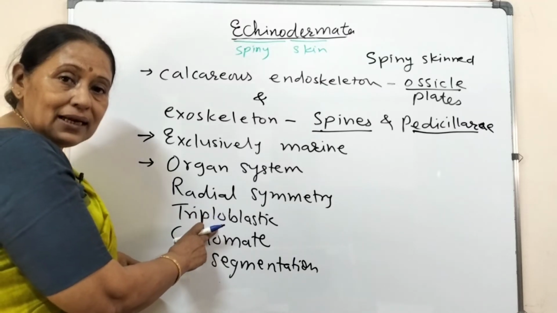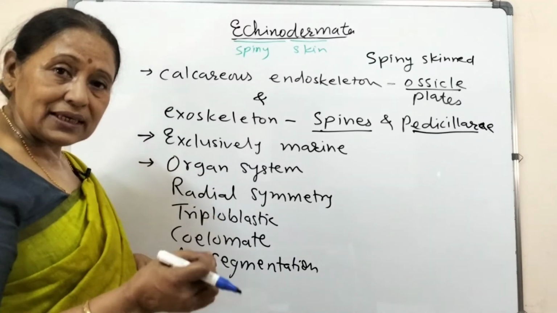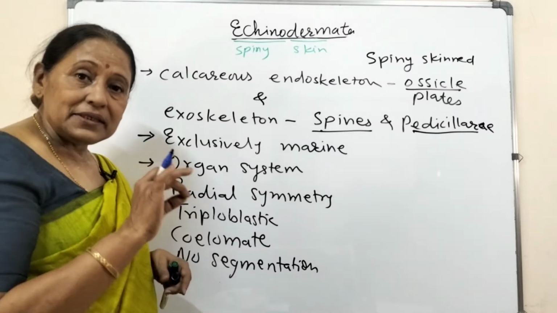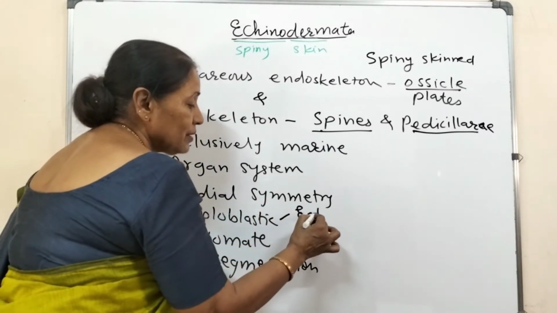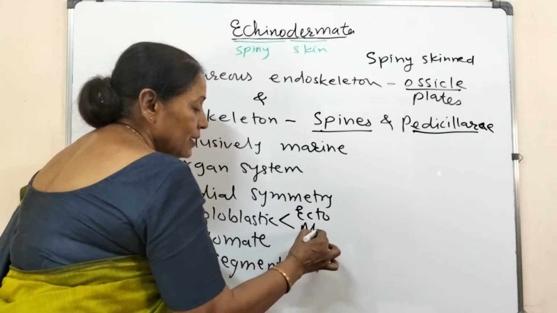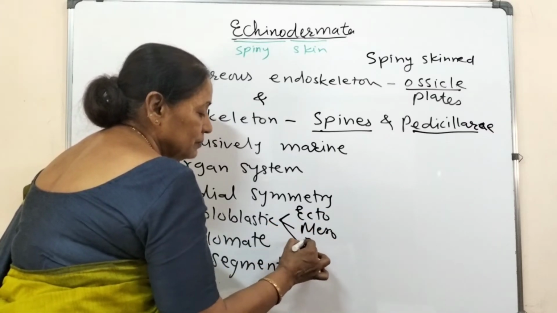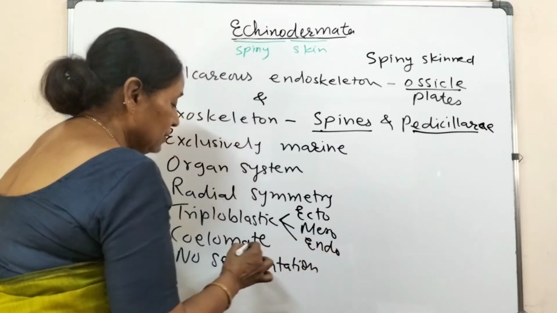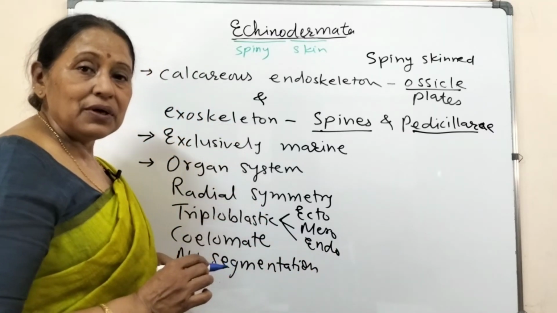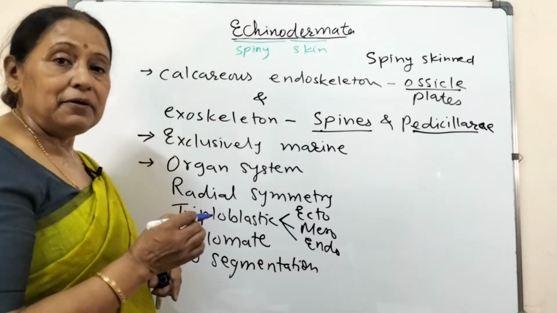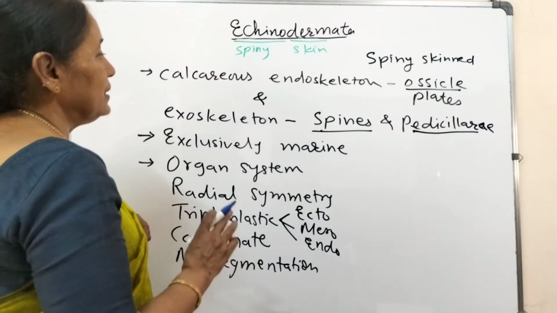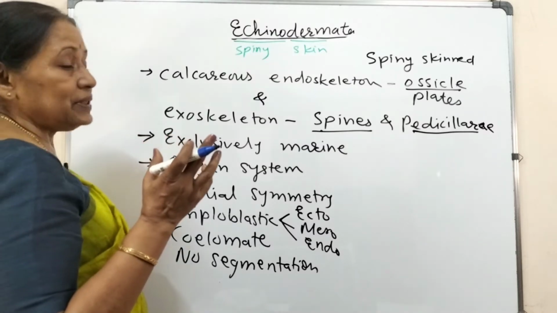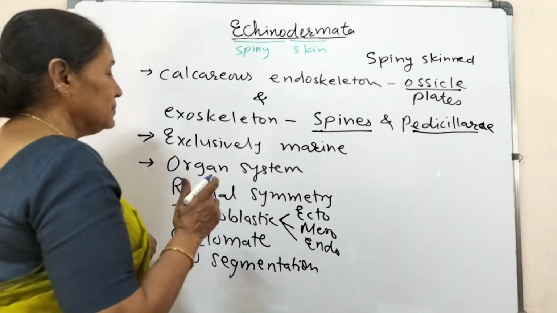It is triploblastic, which means during the embryonic stage 3 germ layers are formed: outer ectoderm, middle mesoderm and inner endoderm. What about coelom? They have true coelom, which means the coelom is lined by mesoderm, and they show no segmentation. This is it.